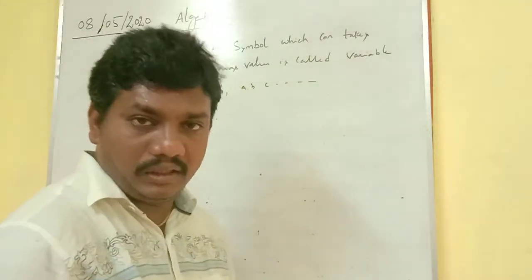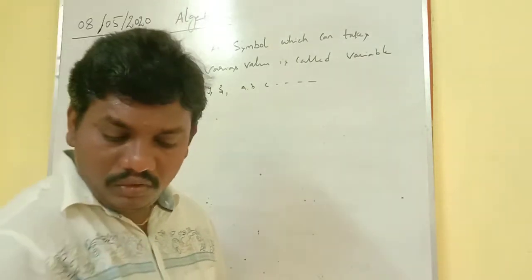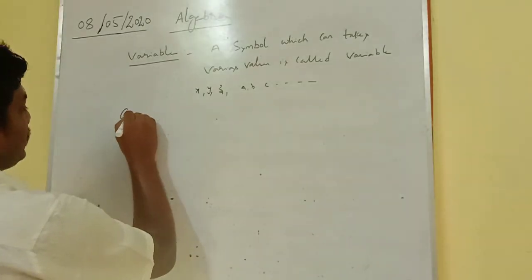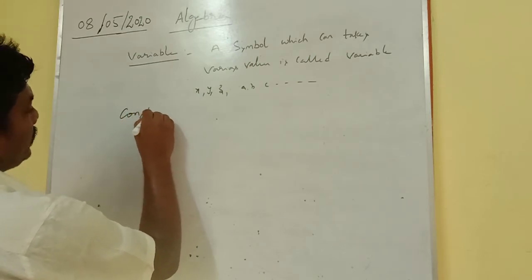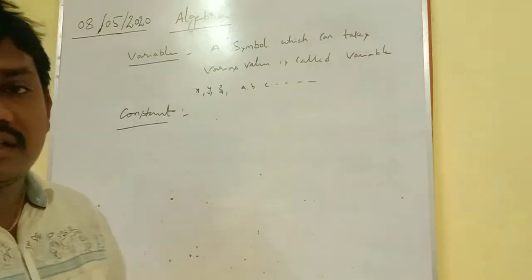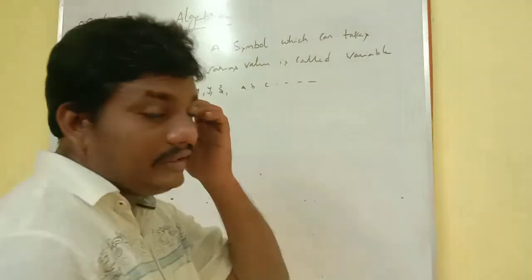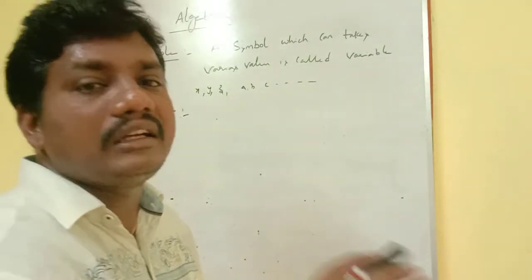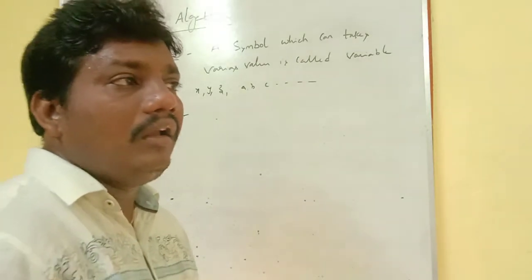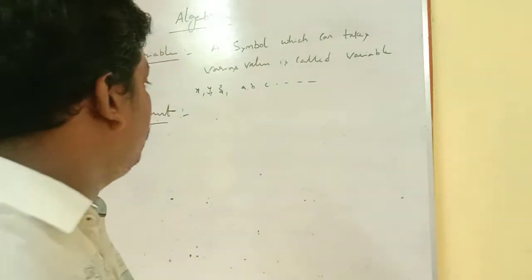Now another one is constant. What is a constant? A constant is also a symbol, but its value does not vary. It is a fixed value and never changes. Generally all numerical values are called constants.